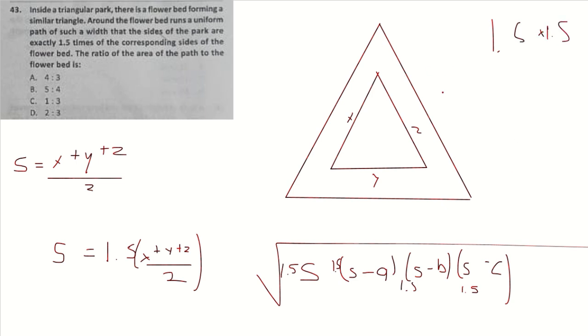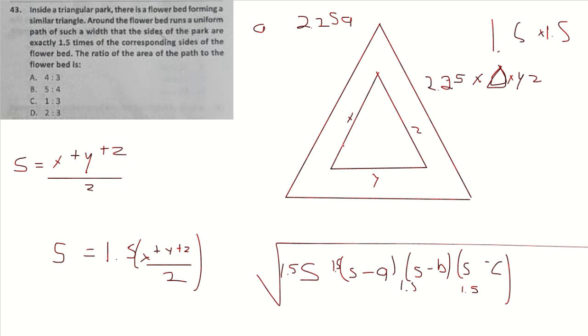So the area of the whole triangular park is 2.25 times the area of the flower bed. So if the area of the flower bed is a, the area of the triangular park is 2.25a.